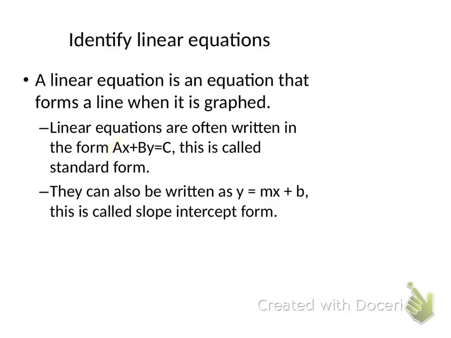There are two forms that are generally used. The first is ax plus by equals c, and this is referred to as standard form. The second one, which is more common and you're probably already familiar with, is in the form of y equals mx plus b.